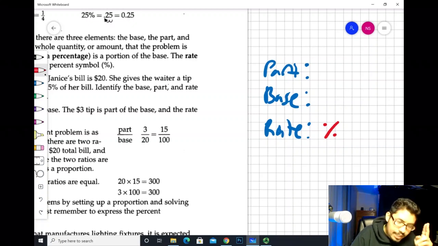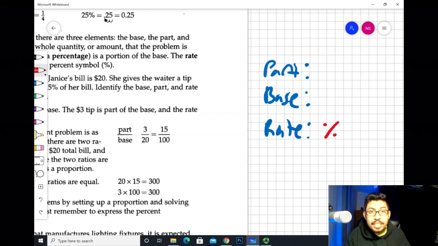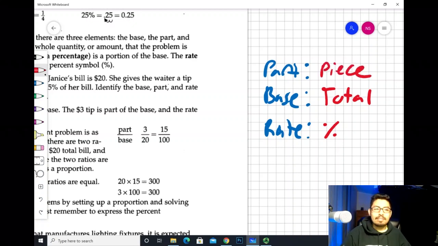That should be an indicator that you're dealing with a percent proportion. And what you've got to understand is that that percent that you see in that word problem will always be your rate. All right. The part and the base. This one's easy. The base, think of it as the total. The part, think of it as your piece. Your piece de resistance.